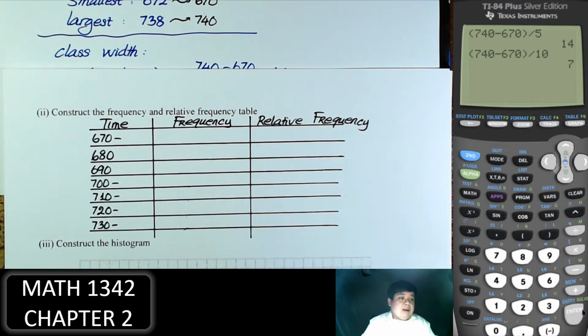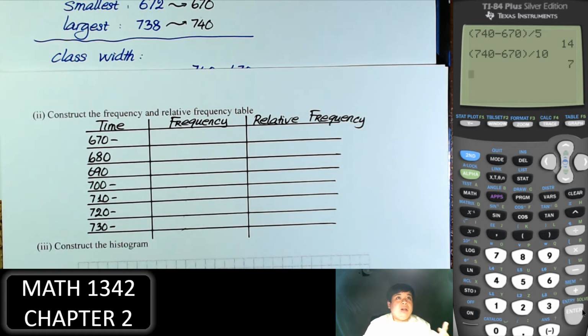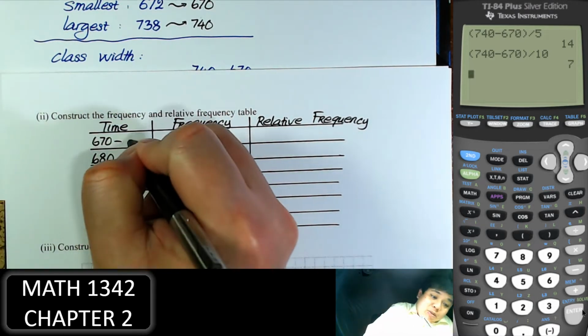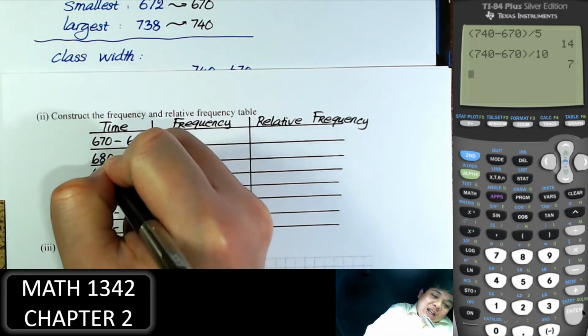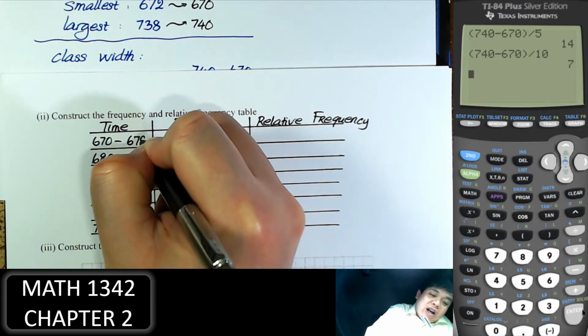Now, those are the lower class limits. We start with the smallest convenient number, and then the class width is 10, so we add 10 every time. And then the upper number is going to be less than 680, so it will be 679.99999.